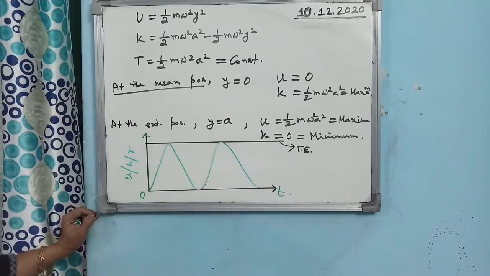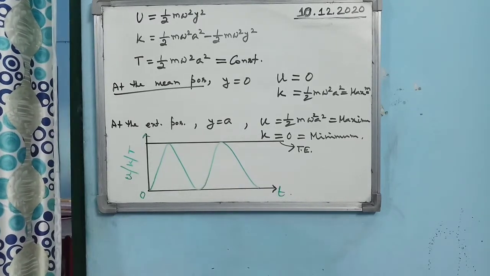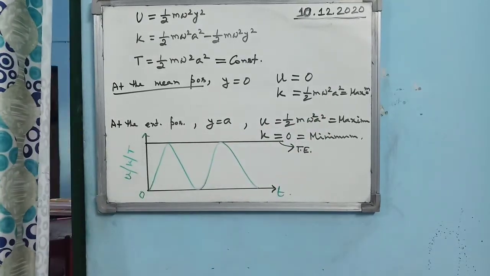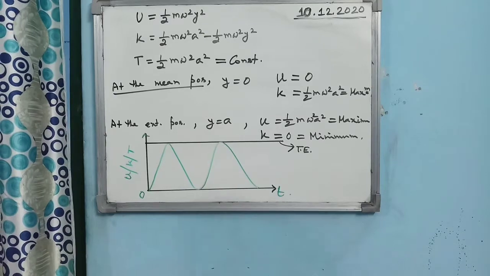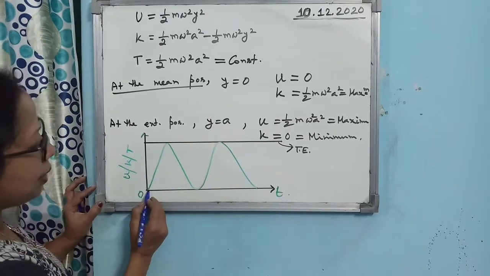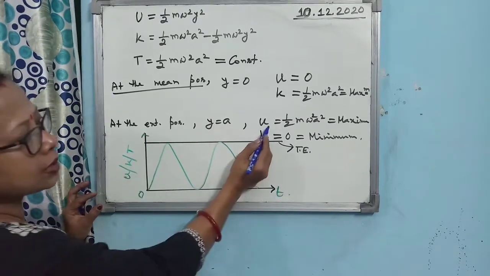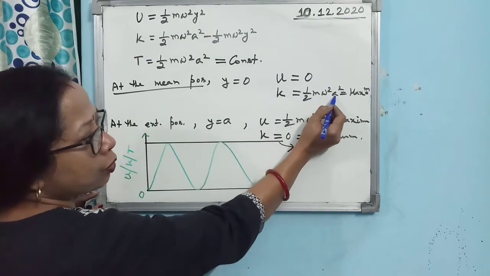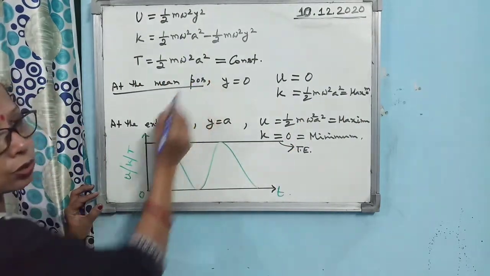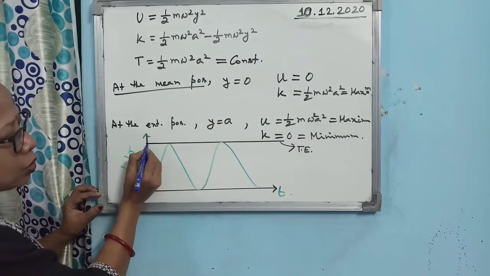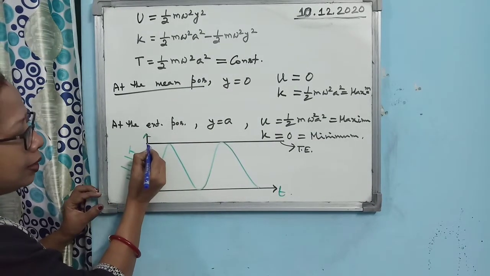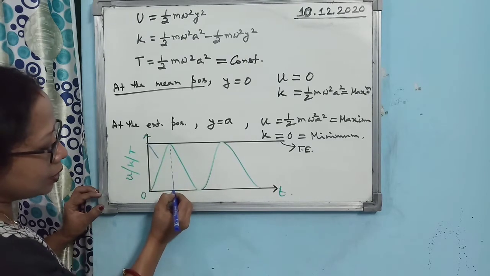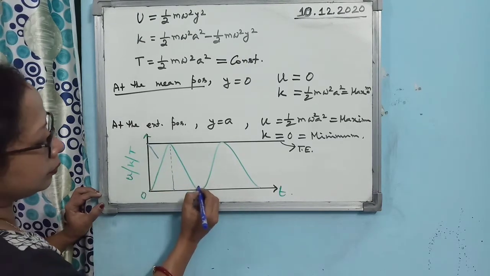Is that clear? Then what will be the graph for kinetic energy? When potential energy is minimum, kinetic energy is maximum, that is half m omega square a square, equal to the total energy, so it will start from here. Let me first mark the points, otherwise it will be difficult.